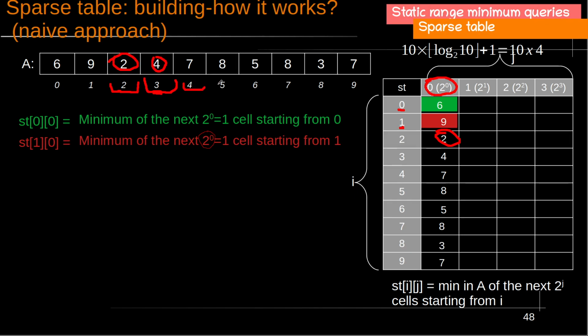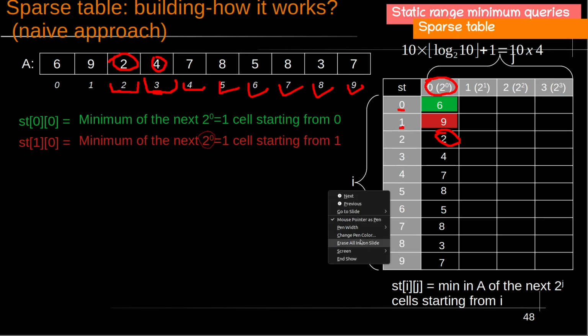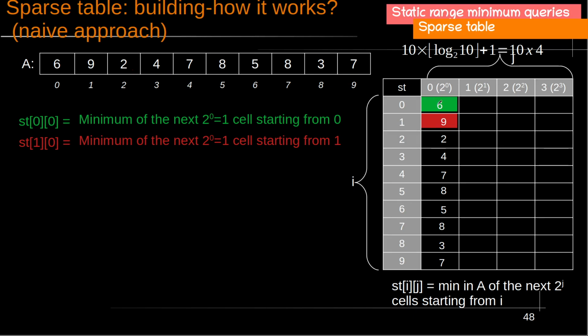So for column 0, from i from 0 to 9, we take just one cell, 2^0, and compute the minimum. As you see, it is nothing but the values of the original array.